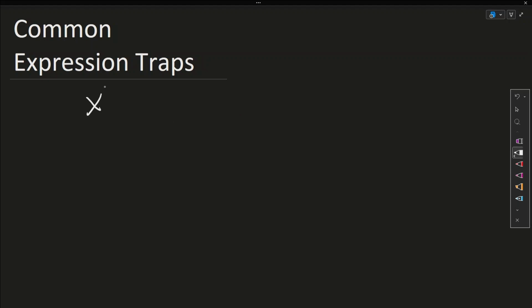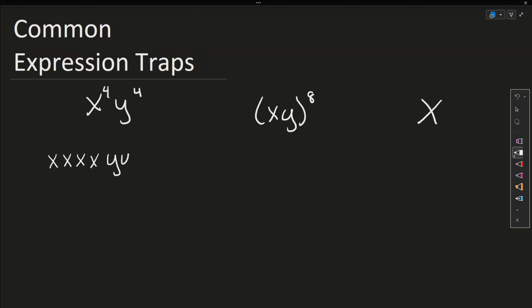Finally, let's consider x to the fourth y to the fourth and (xy) to the 8th. These are not equivalent. The expression x to the 4th, y to the 4th, is 4 x's and 4 y's.